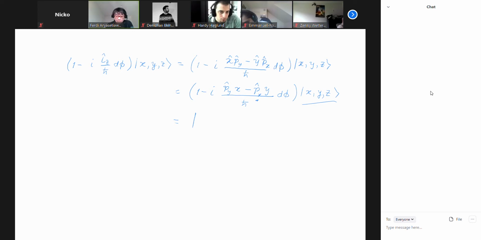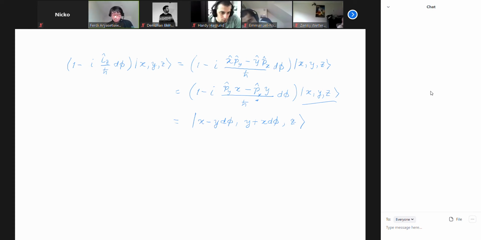Yes, because we had it before from the translation operator. So we get x minus y d phi, and we have y plus x d phi, and the z is unchanged because we do not have any z. Then we just have z. So that makes sense because we are rotating around the z axis.